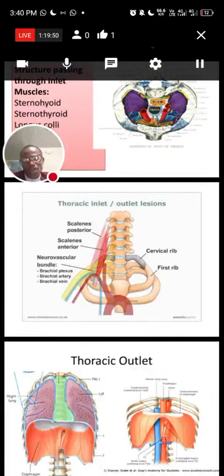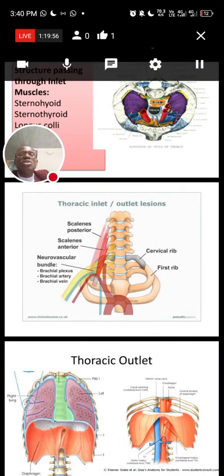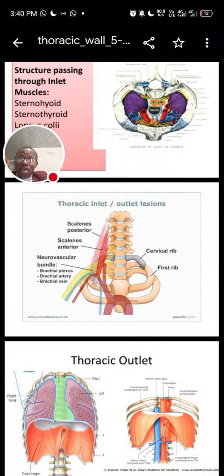SMS is just S, M and S. The first C is costochondral joint. I is interchondral joint. The next 6 is costovertebral joint and intervertebral joint. Now the S is xiphisternal joint, from the xiphoid process.